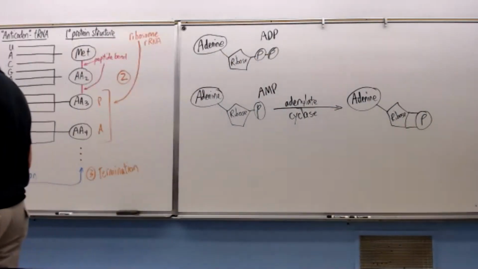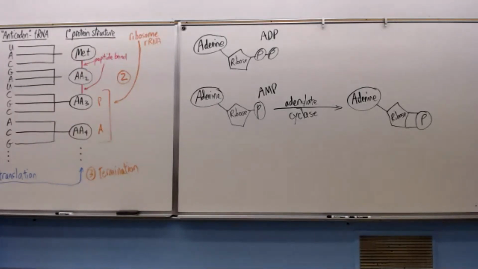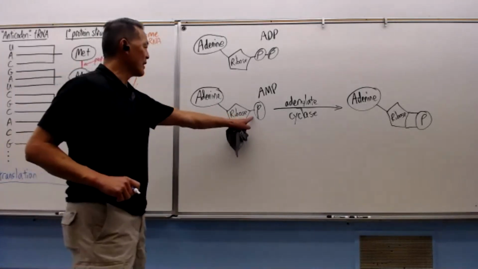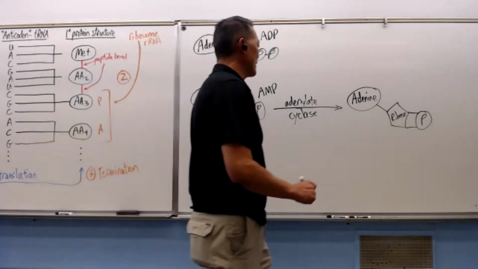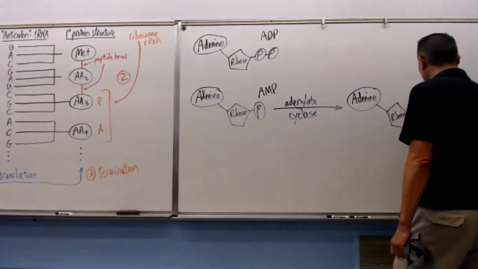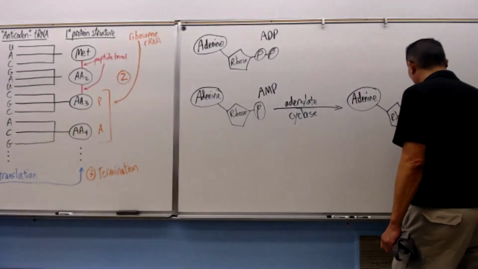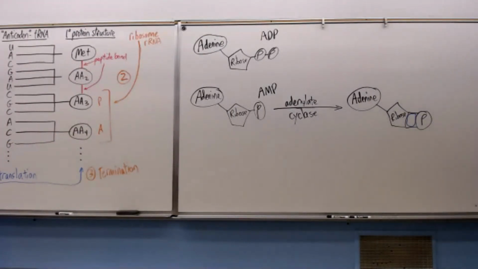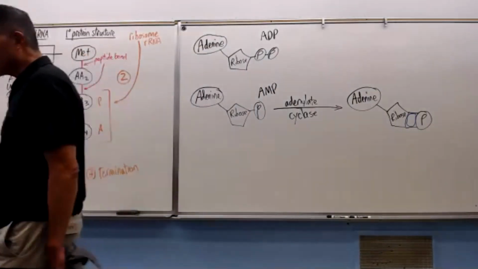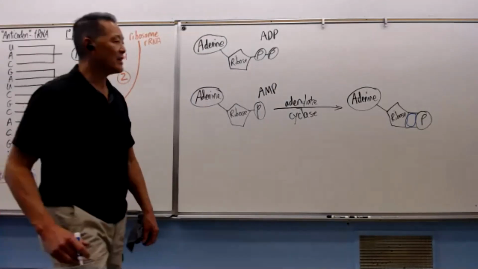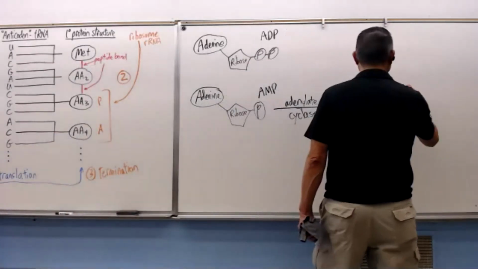In AMP, there's only one covalent bond between the phosphate group and the ribose. But in this, adenylate cyclase will make the phosphate group bond twice to the phosphate, forming a ring of bonds. That is a circle of bonds. And this is cyclic AMP.